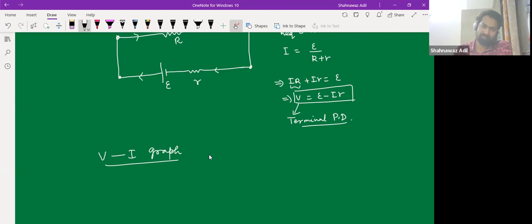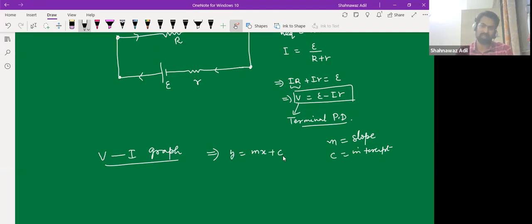What is the equation of a straight line? y equals mx plus c, where m is the slope and c is the intercept, the point where x is 0 and the line cuts the y-axis.